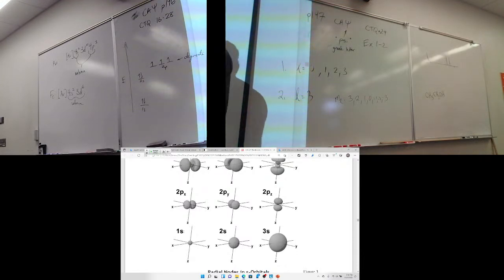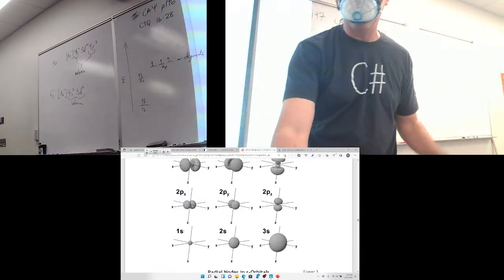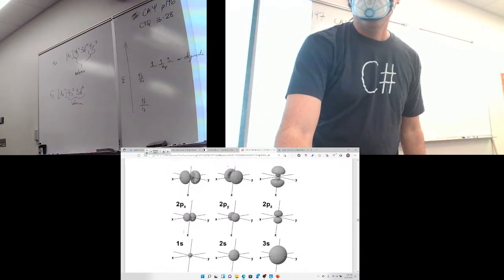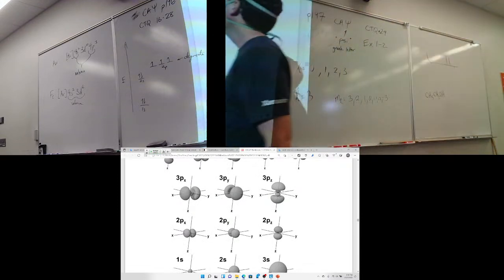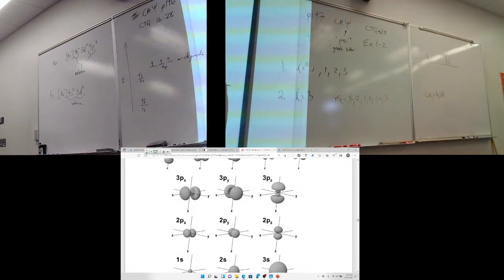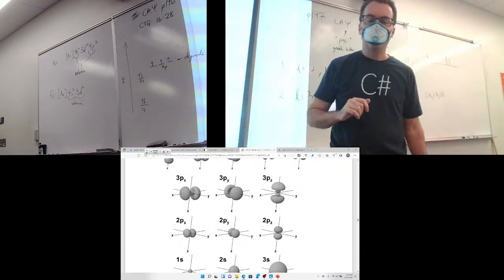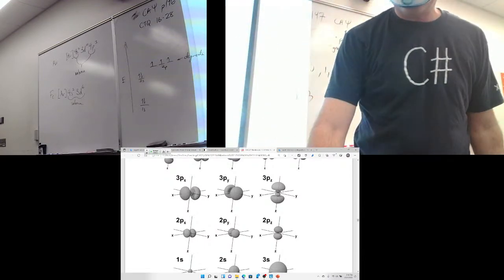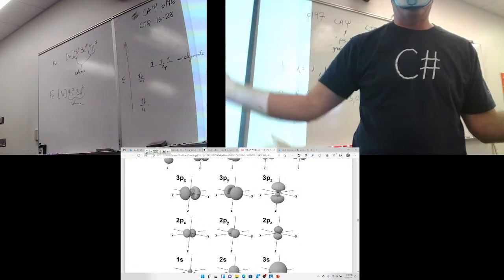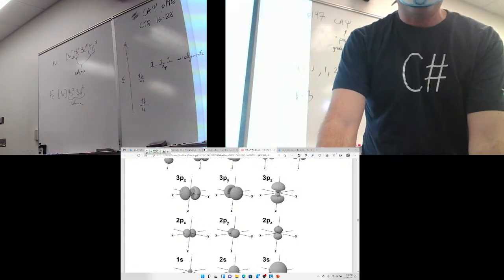These spheres are not solid spheres, but there's nothing interrupting them. But when you get to the 3p, now you get that weird angular nodal thing. So you have a lobe here and a lobe here, and you have your nodal plane in the middle, just like before. But you've also got this radial node that kind of splits these two pieces, kind of like the s orbital did. So you can start seeing these radial nodes when you get to higher shells for any of the subshells.